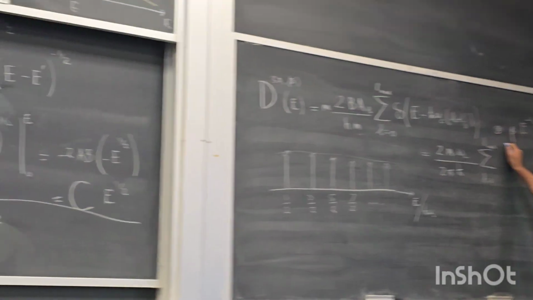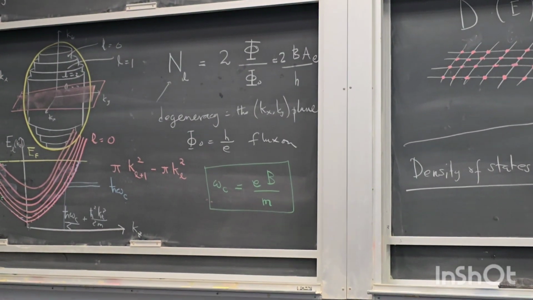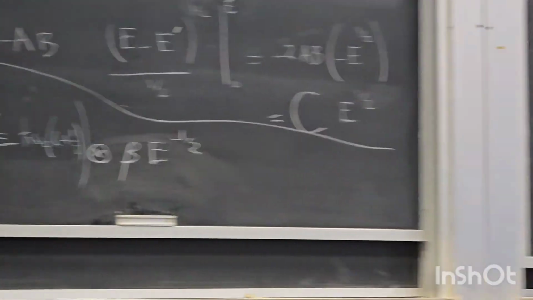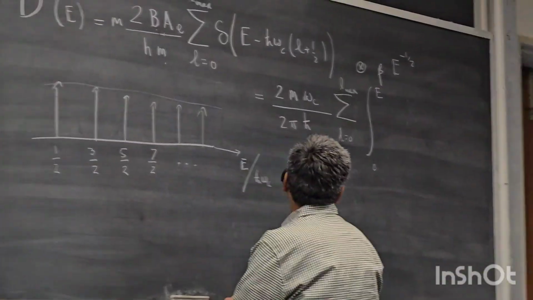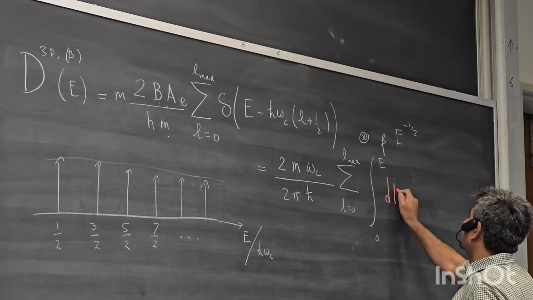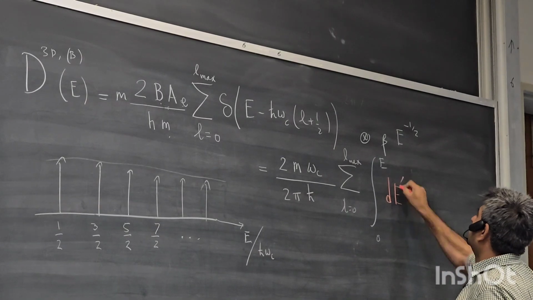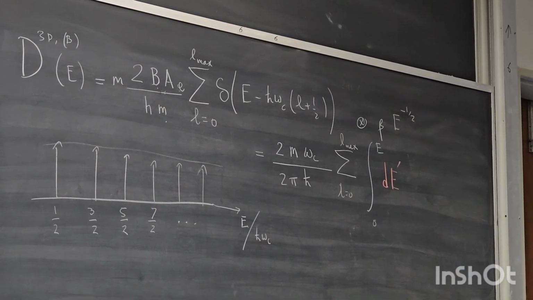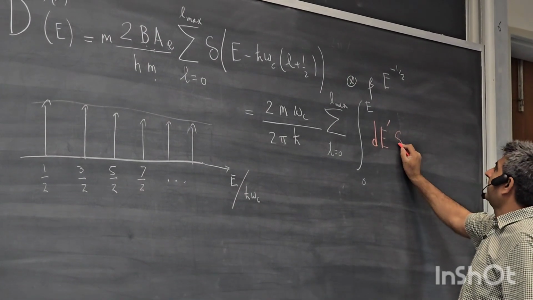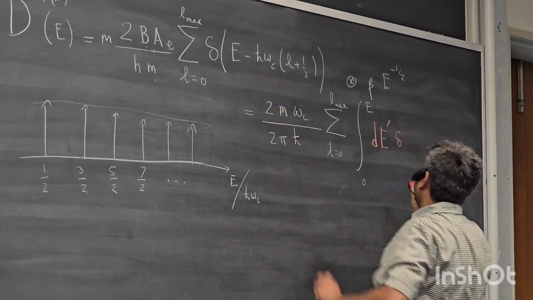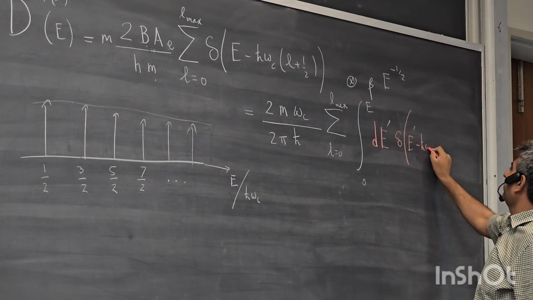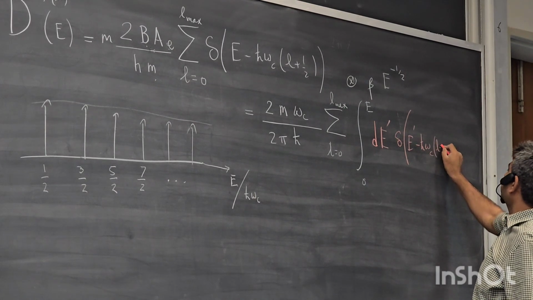So 0 to E, this E over here, dE prime, delta. I replace this E with E prime minus h bar omega c, L plus half.